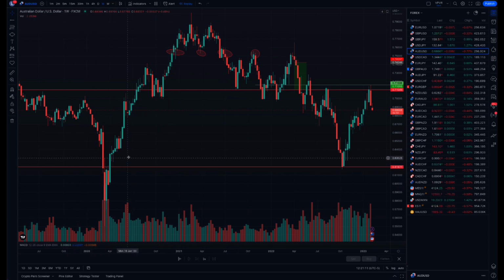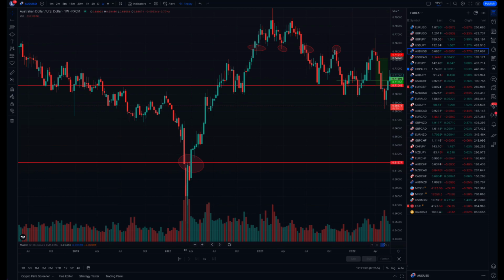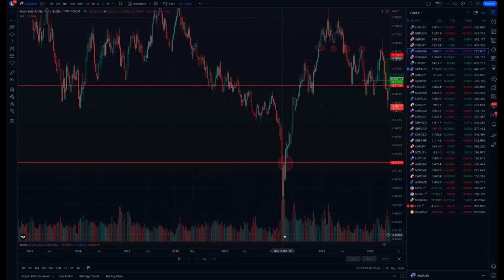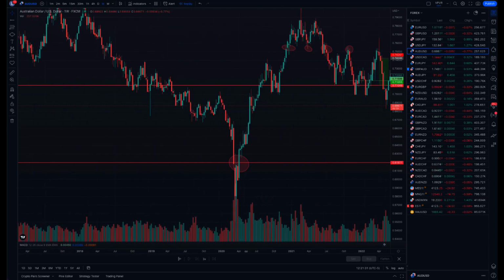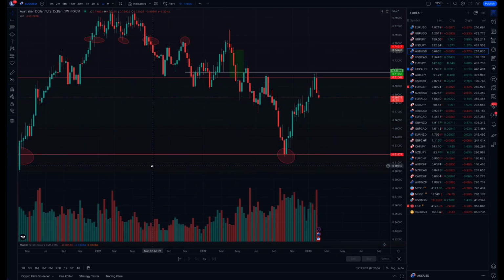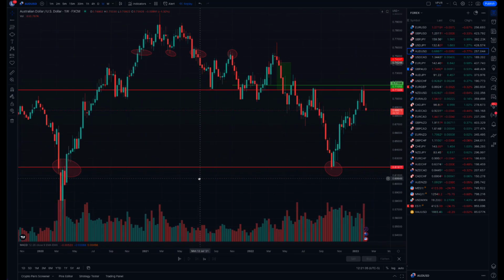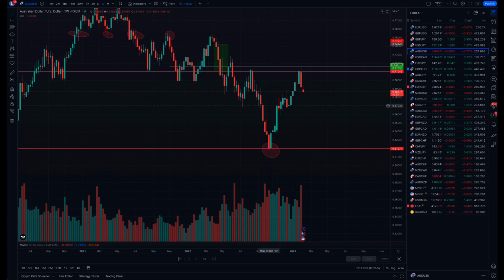So yeah, we can see here it was important. It was already important here, and it was already important here. And let's see, maybe before, I'm not sure. Nah, it's fine. We can see that it has been already important at least 2 times, so we can take that as our support.